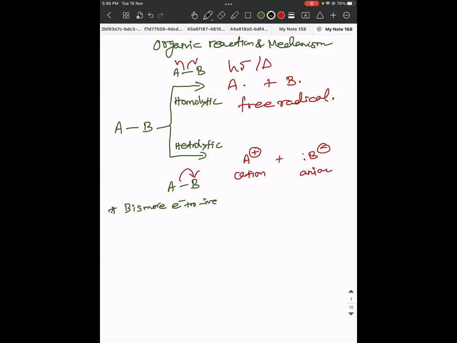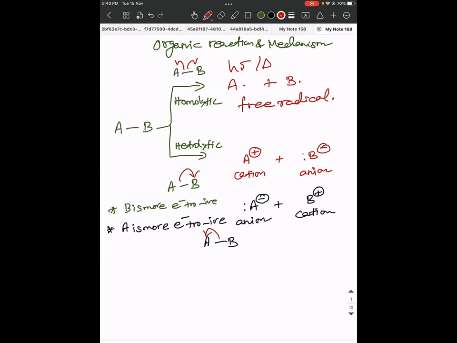In case A is more electronegative, then A will contain the pair of electrons and B is the cation, so A is the anion. This is how the bond cleavage takes place.